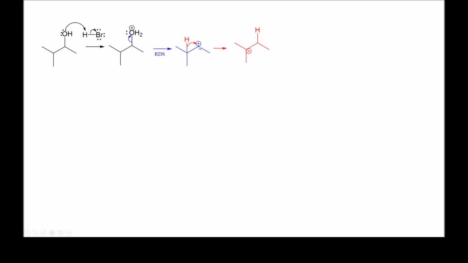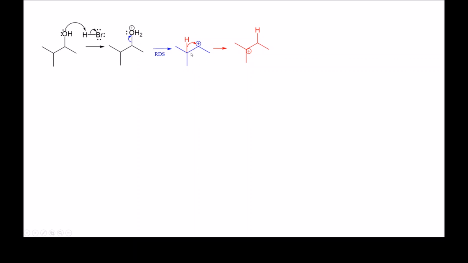And this shift right here is easy and it's spontaneous. So anytime you see a secondary carbocation, you need to look over both shoulders to make sure that there's not a tertiary position lurking off to the side. It always reminds me of The Walking Dead, that you got to watch out for zombies all the time.